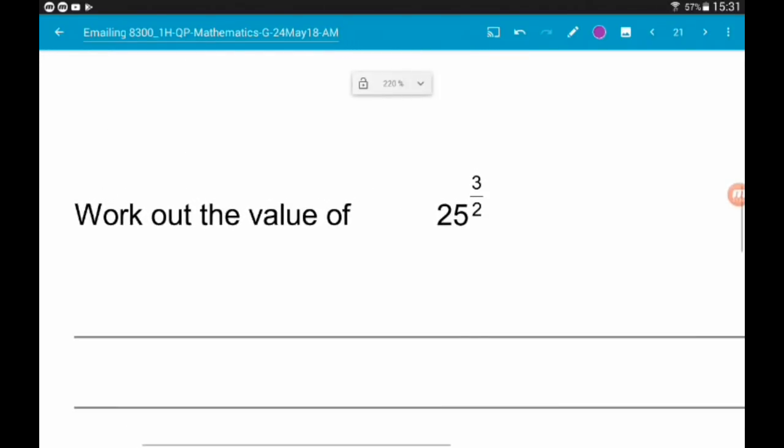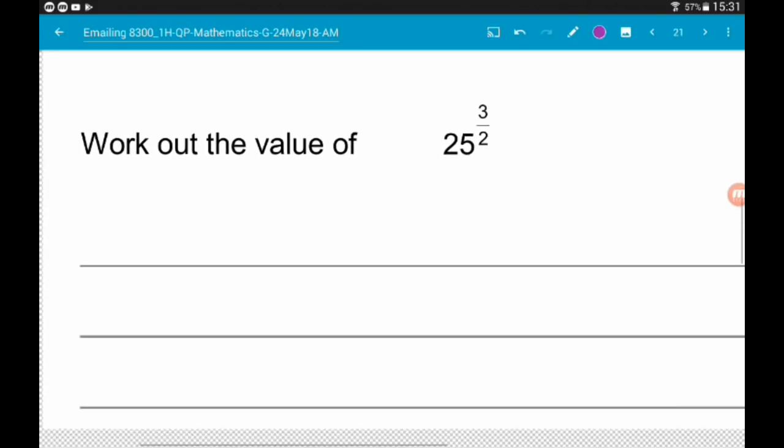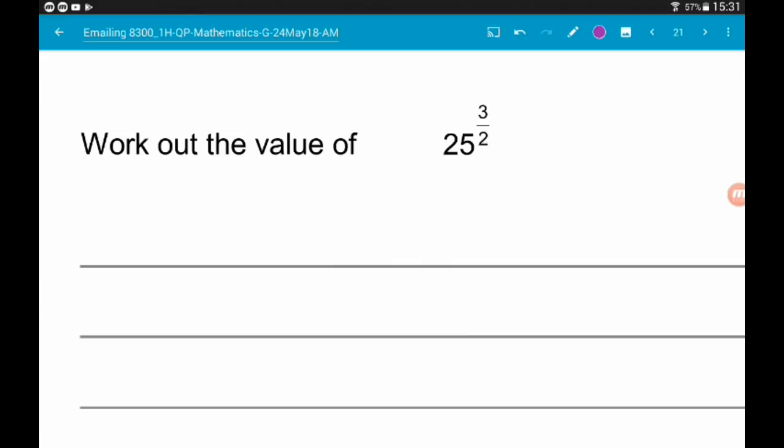24b wants us to work out the value of 25 to the 3/2. Well, to do that, we're going to split the power up using brackets.